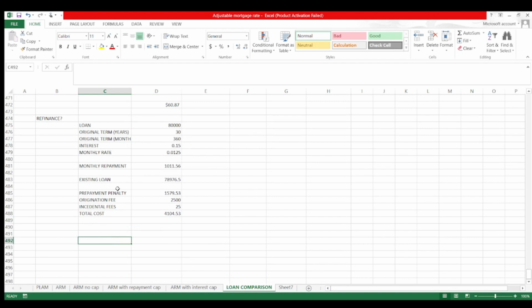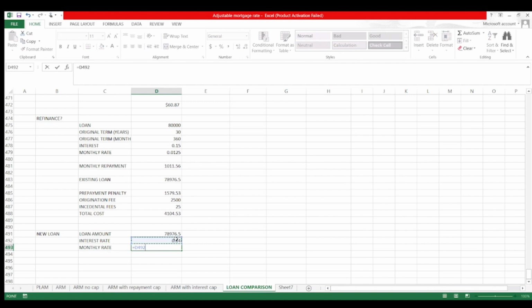Now, since this is a new loan, we'll have to calculate the new monthly repayments. So for the new loan, the loan amount will be equal to the loan balance. And the interest rate in this case is 14%, so it's 0.14. The monthly rate will be equal to 0.14 divided by 12.